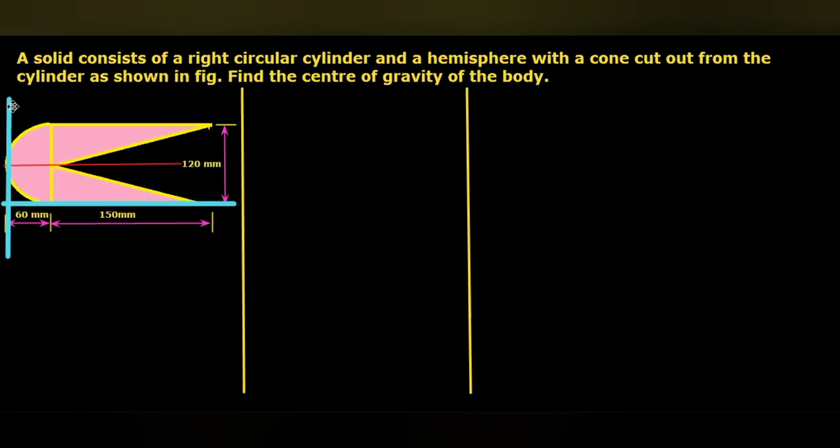We will take the bottommost line, or the axis which passes through the bottommost point or line, as the reference axis for y bar calculation.